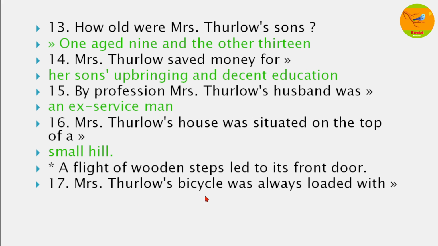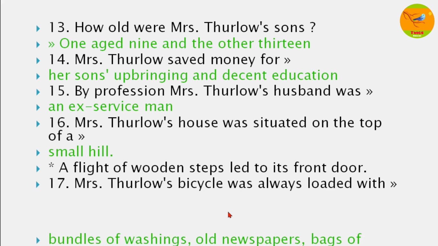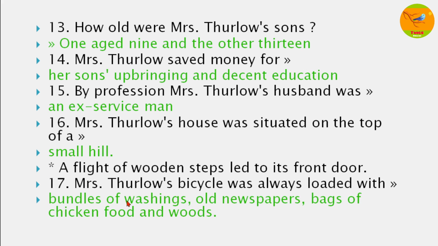Next, Mrs. Thurlow's bicycle was always loaded with bundles of washings. Look at the options very carefully: bundles of washings, old newspapers, bags of chicken food, and wood. These were the things she used to carry on her bicycle.